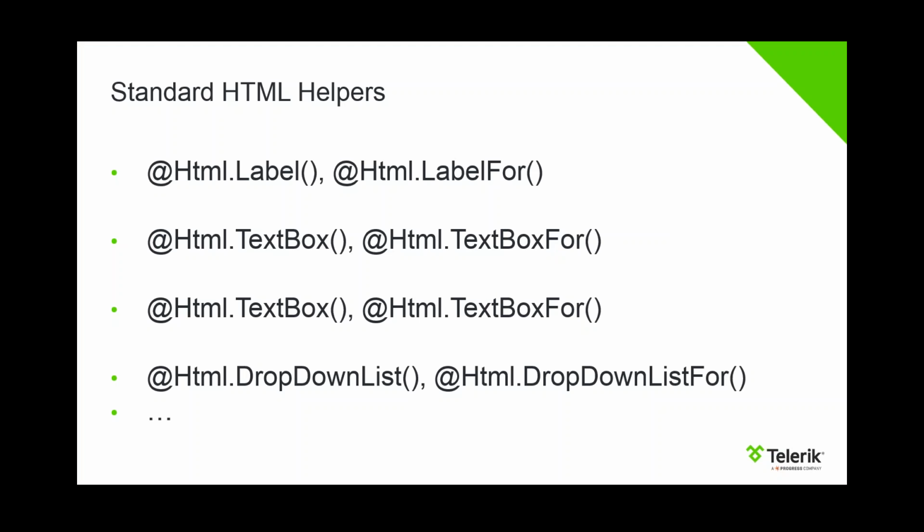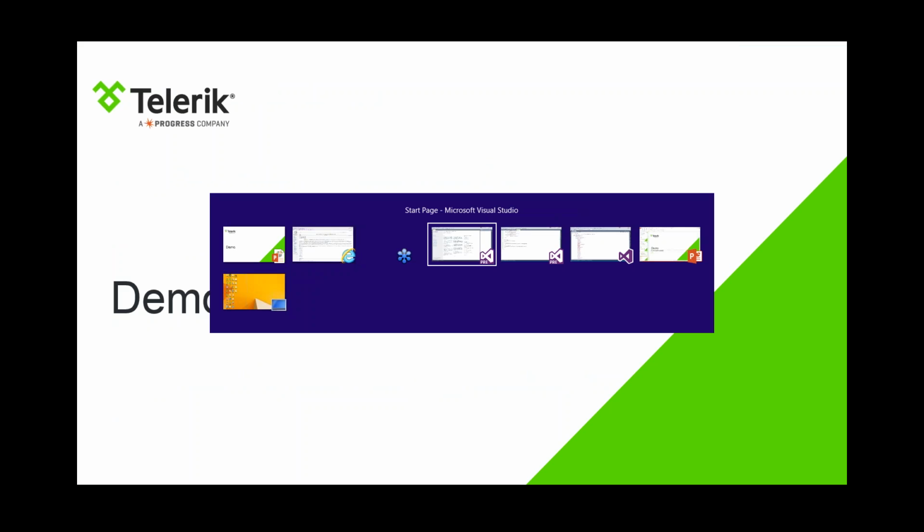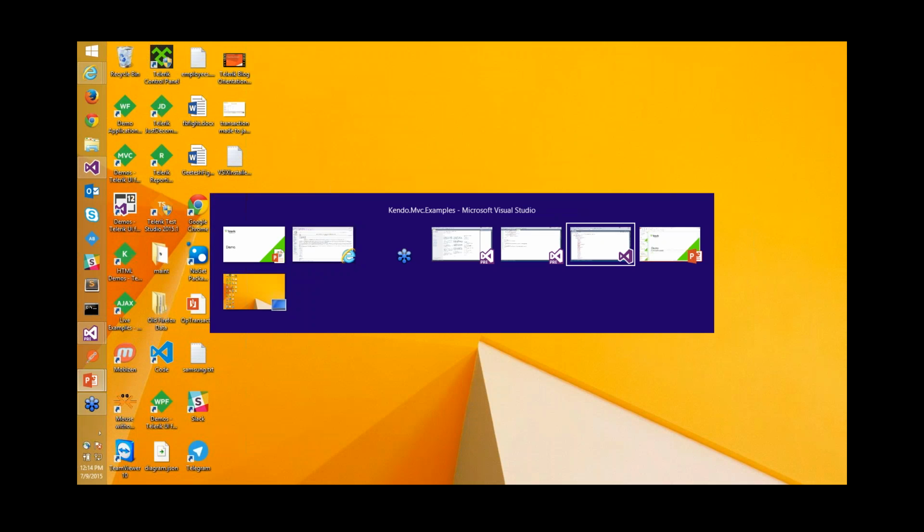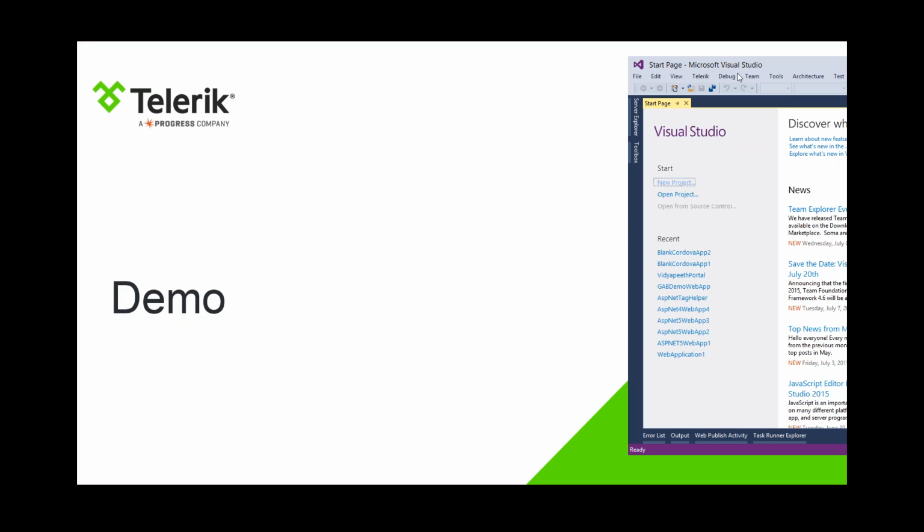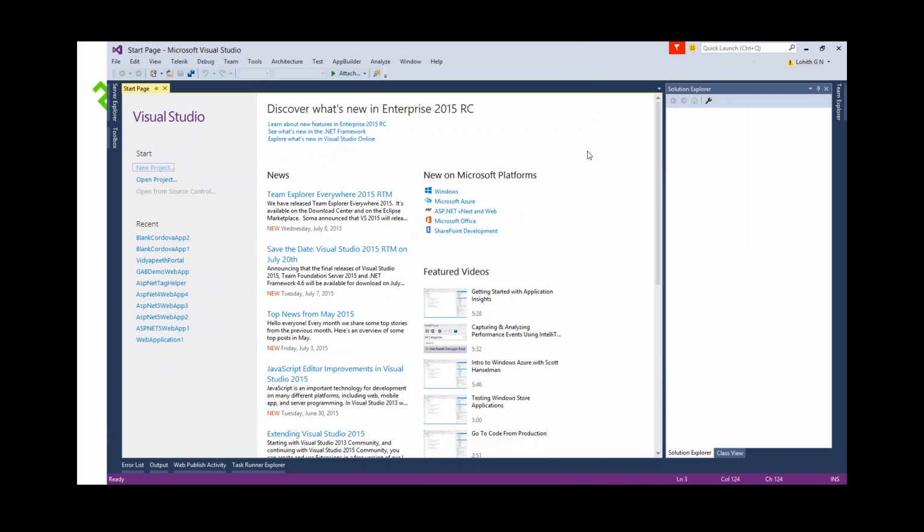So now I think it's a good time to get to the demo part. So let me see what I have. I'm using Visual Studio 2015, and you can do this with Visual Studio 2013 or 2012, whatever version of Visual Studio you have. I'm going to create a new project.